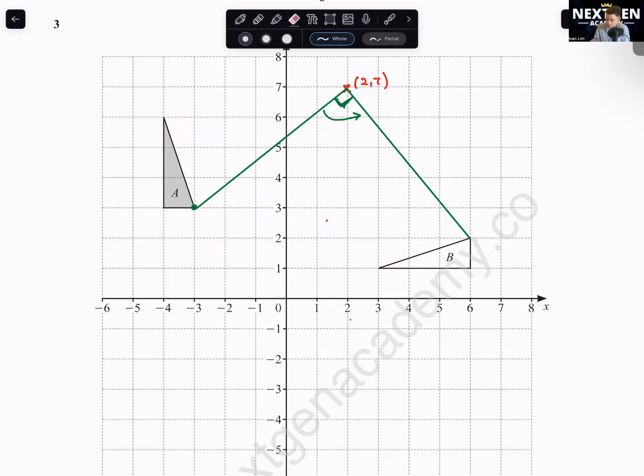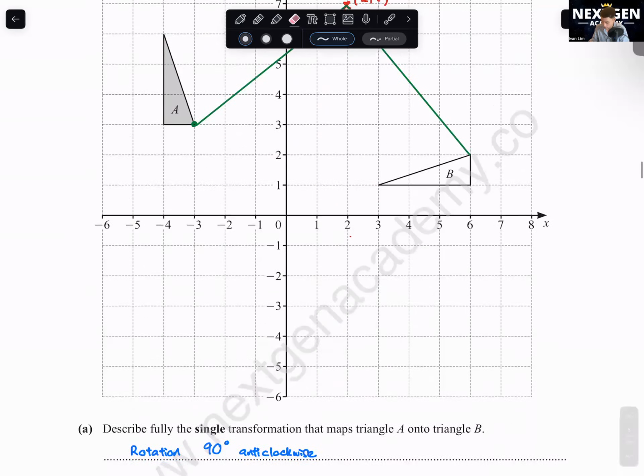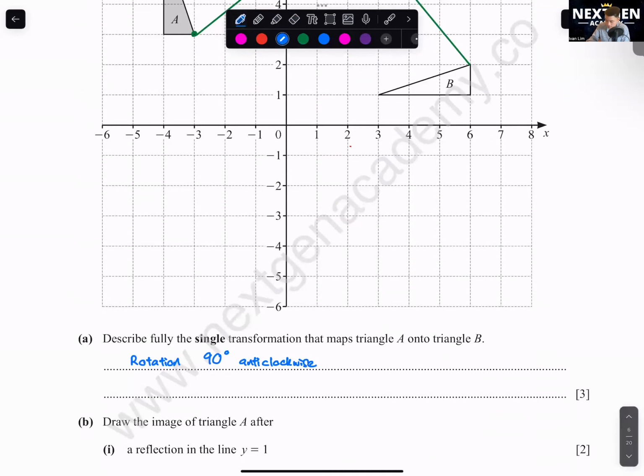You have to erase them later, too messy. But essentially it will be like that. Whatever method you are familiar with, just stick to that method for this specific question. So right here, the last mark is center to 7.